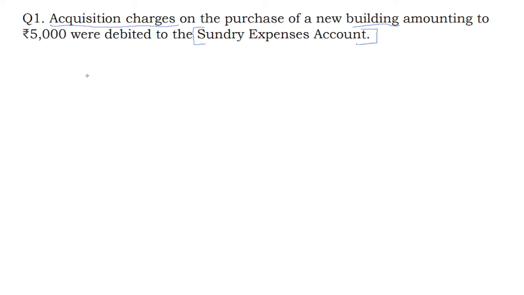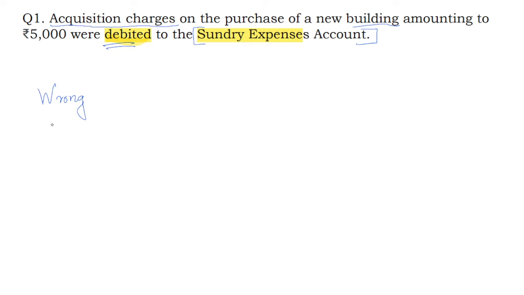That means the wrong entry was passed. Let me first write the wrong entry. It was wrongly debited to sundry expenses. So I will be showing you the wrong entry, the correct entry and the rectification entry so that you can understand.